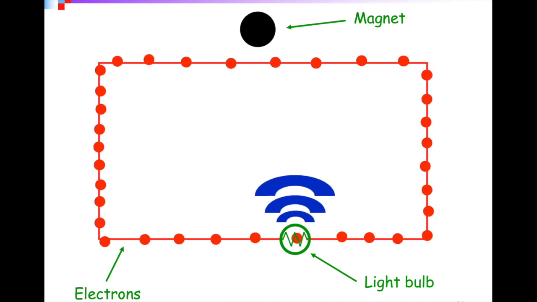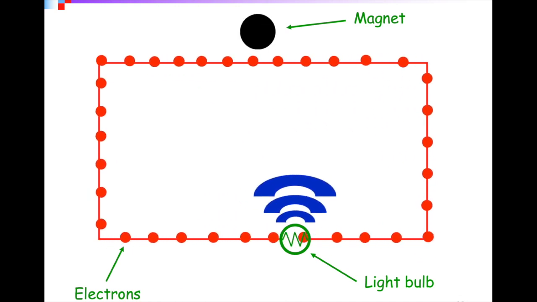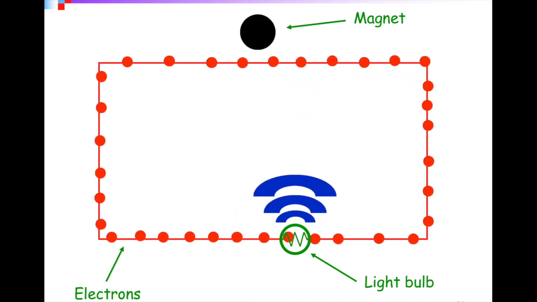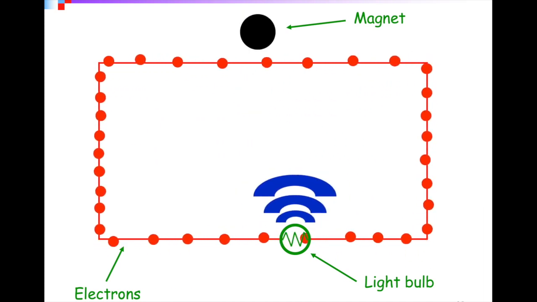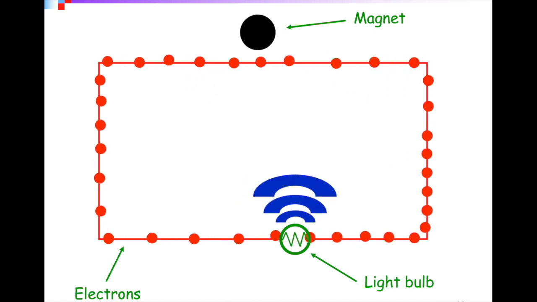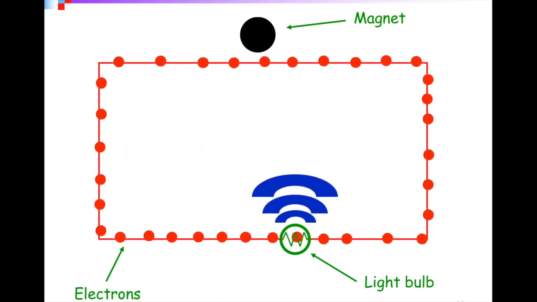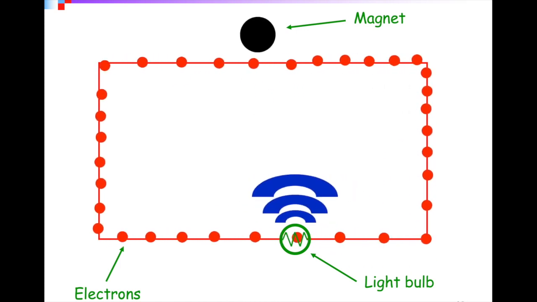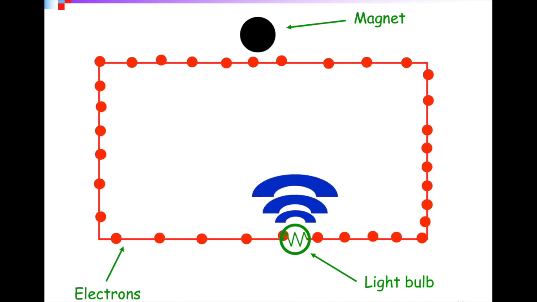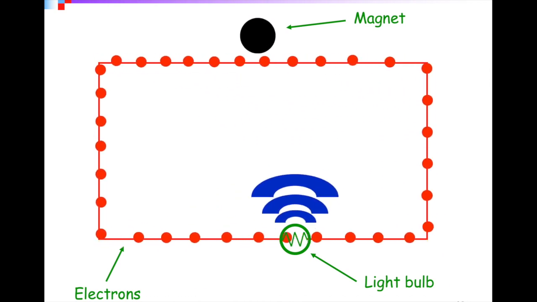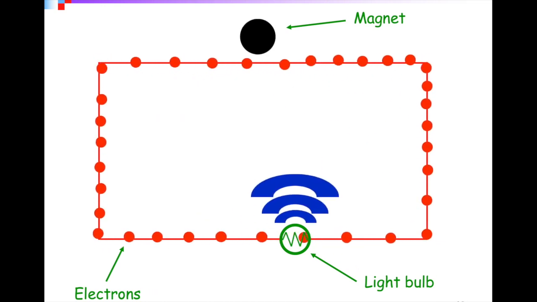And that's what happens in generators. We take the magnetic poles and change their place, or rotate them close enough to a couple of wires, and that will generate electricity in the copper.